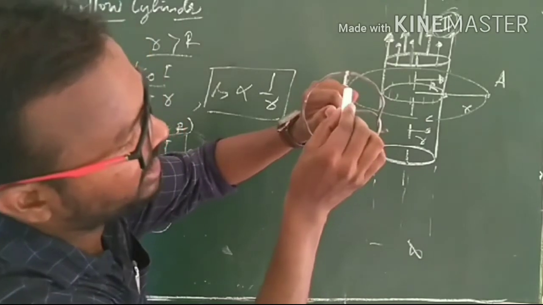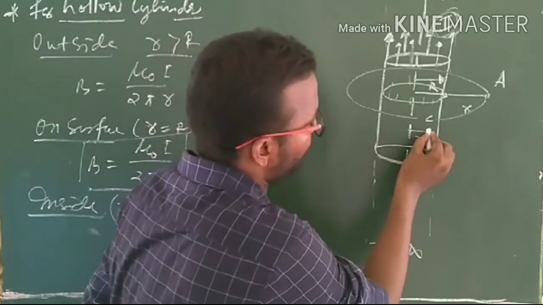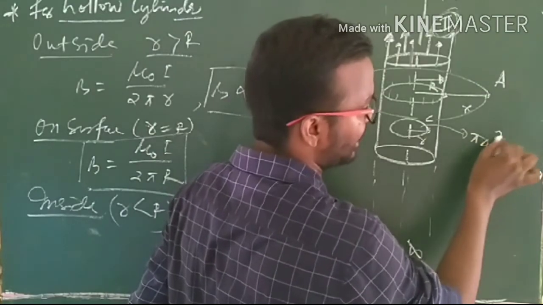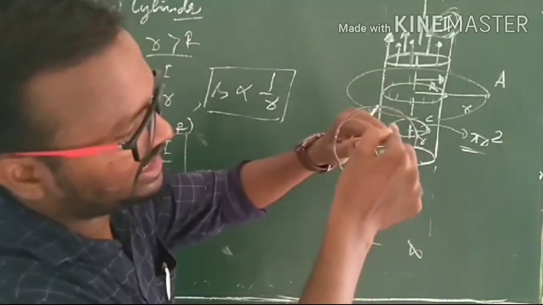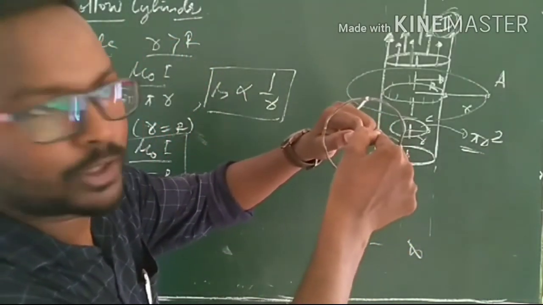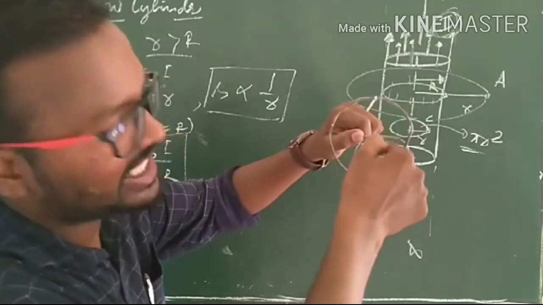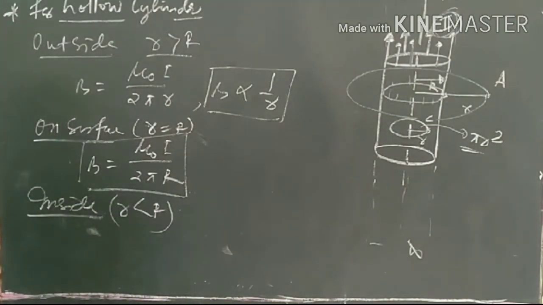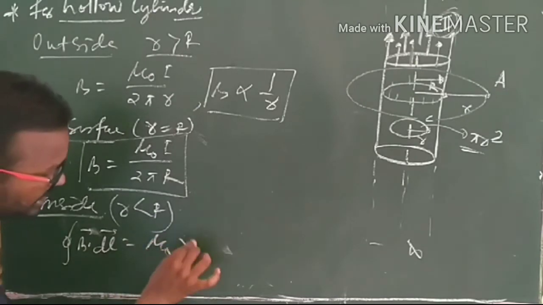If we choose a point within the hollow cylinder, then first we have to draw an Amperian loop. This is the Amperian loop and this is its radius, with area pi r squared. Clear? But within this area there is no current, because the total current flows over the surface. Using Ampere's law, we can write the closed integral of B dot dl equals mu naught times I enclosed.